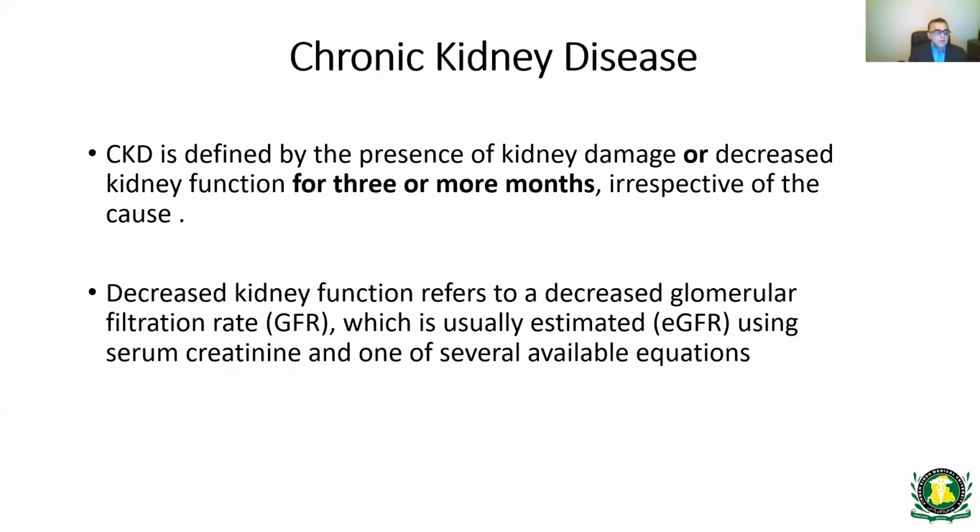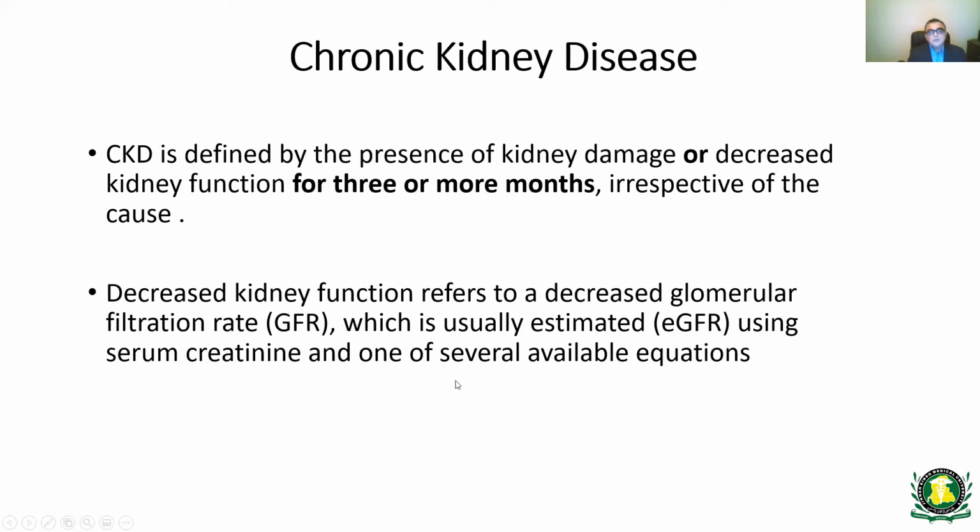Now, a little bit about chronic kidney disease. According to KDIGO, which is Kidney Disease Improving Global Outcomes, chronic kidney disease is defined by the presence of kidney damage or decreased kidney function for 3 or more months, irrespective of the cause.